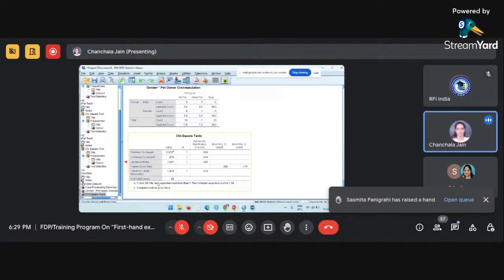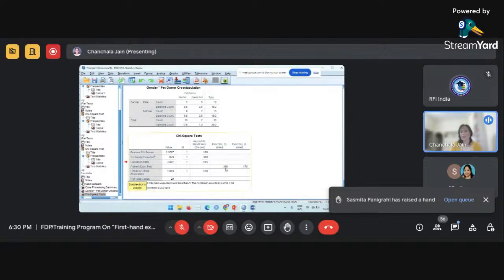So now if you can recall, I said if the assumption of chi-square is not met by your data, in that case you should not report the chi-square results, and you need to go for the Fisher's exact test. So you can find this particular table is containing the Fisher's exact test, right? This test value is coming as 0.350. This is the p value.